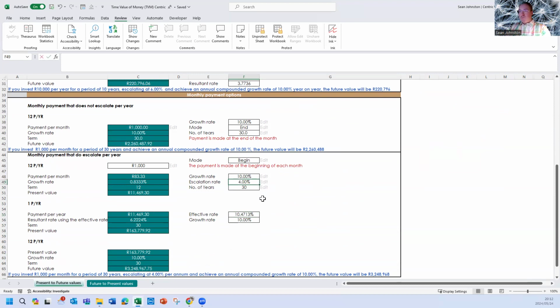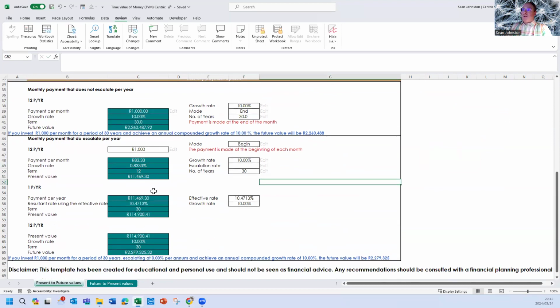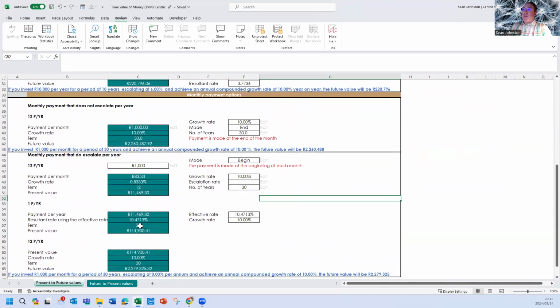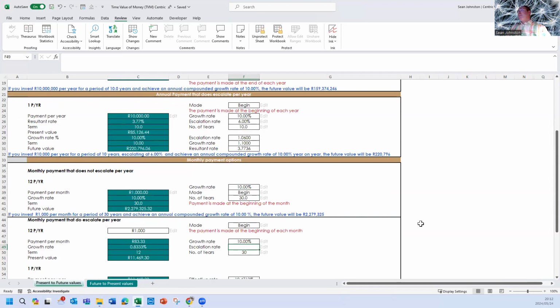And as I've shown you before, we switch off escalations and we use the same 1,000, put in begin mode, 2279325. So that's where this escalation is very important because you can see the difference in future values just by playing around with escalation rates.